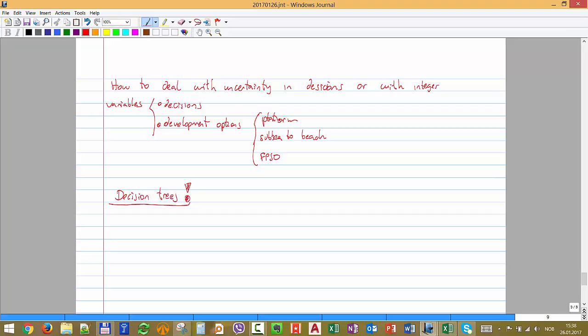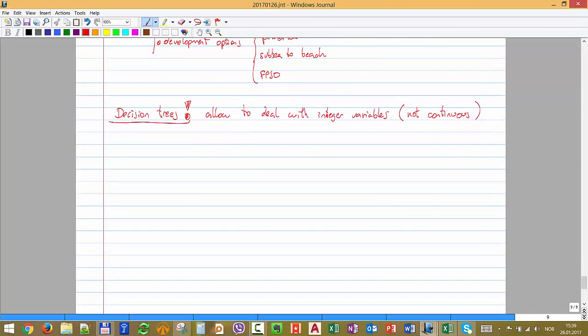Okay. Decision trees allow me to deal with integer variables, something that is not continuous. And a decision tree, we'll see just now in a second, we can build them.